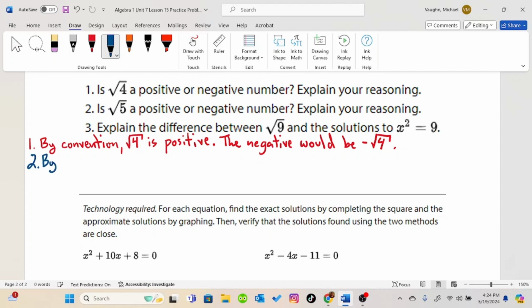Again, by convention, or by mathematical custom or rule, we would say that the square root of 5 is positive, and the negative version would be written negative square root of 5.